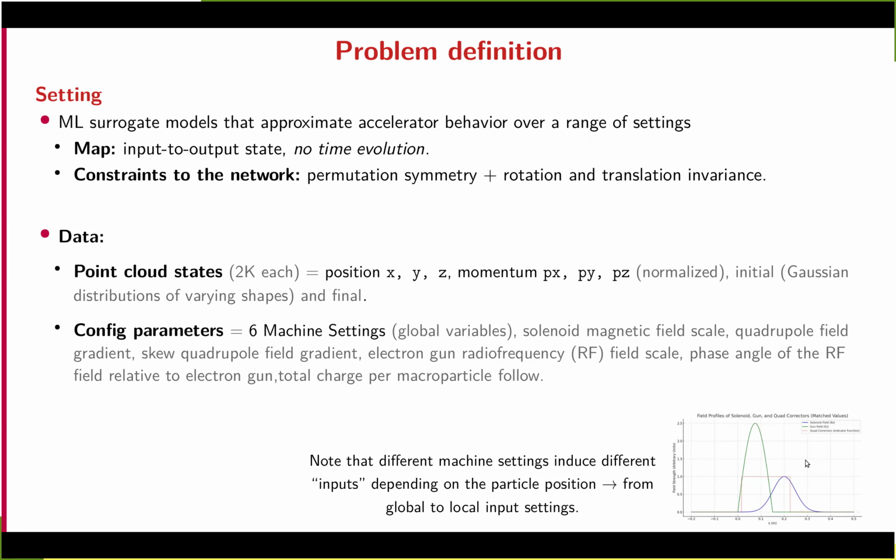And this is just an example of, based on the position of the particle, which is on the horizontal axis, how the effect of a certain component is different for each particle. And so while for now we're just considering fixed parameters, constant all over the domain, the next step is to do a position-dependent setting.